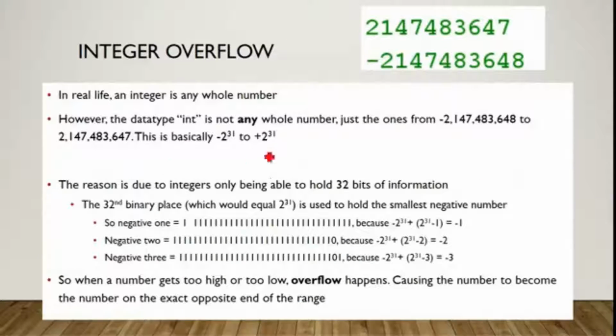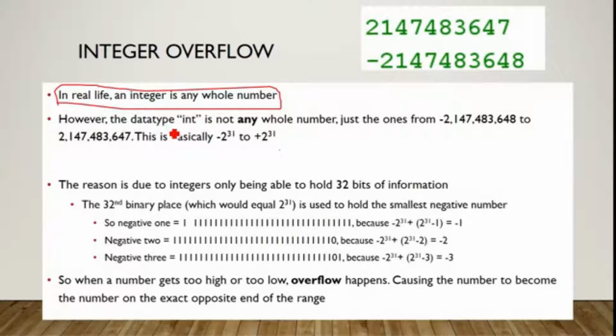So let's talk about integer overflow. Now in real life, an integer is any whole number from, well, I was going to say negative infinity to positive infinity, but those are just concepts, not really numbers precisely. But it's any whole number.